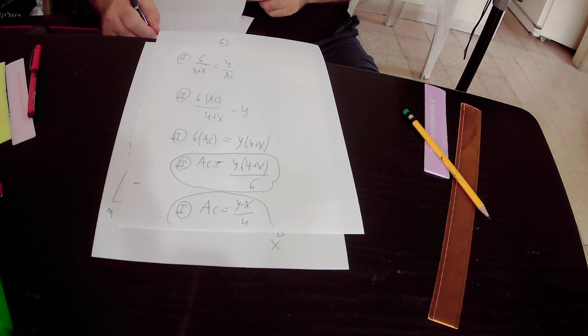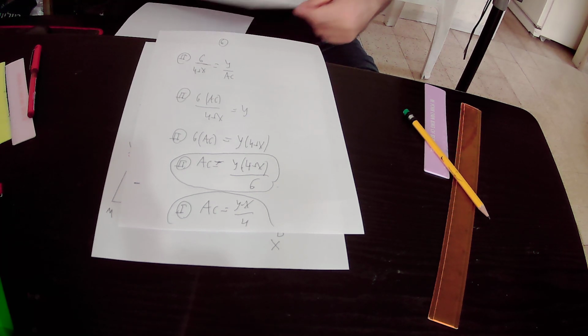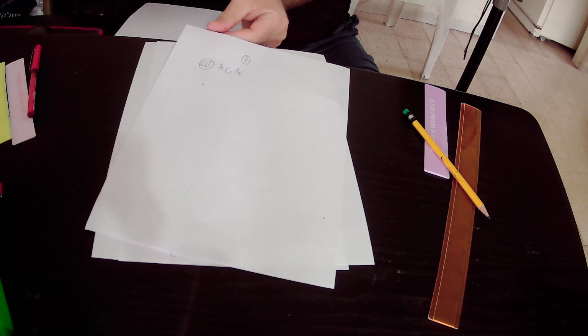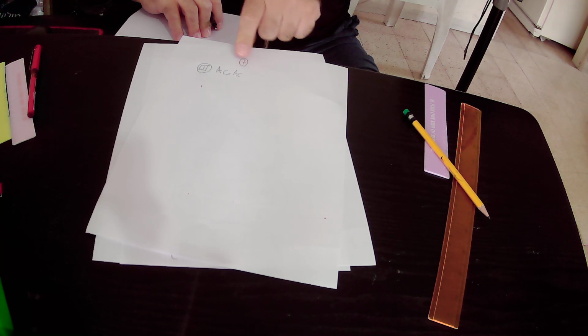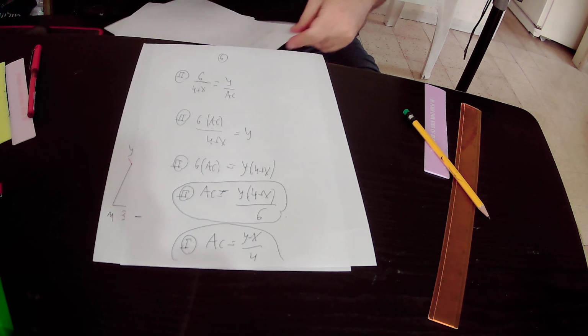So here we will create equation number 3 that says that AC equals AC, and we will substitute AC by the value of AC that we found in equation number 1, and on the other side of the equality we will substitute AC by the value that we found in equation number 2.